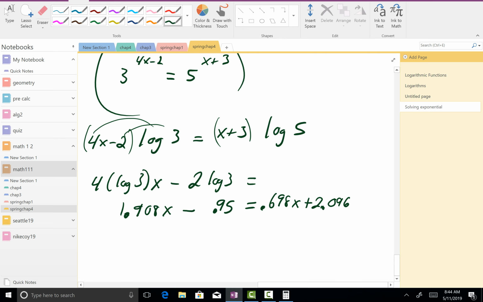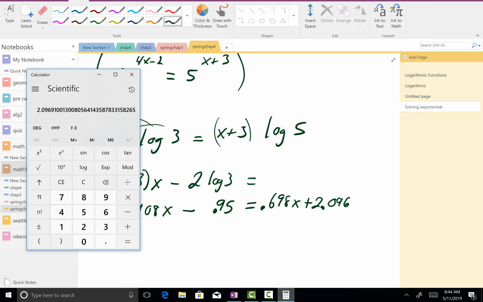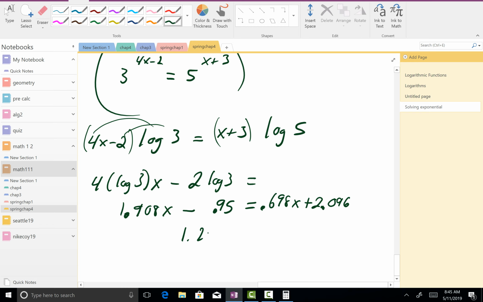Now you can just combine the terms. I'll move that one over there.